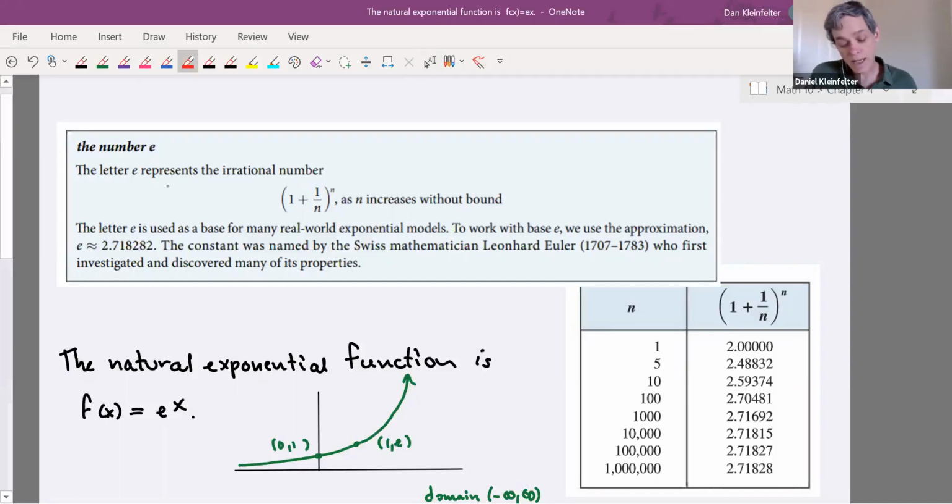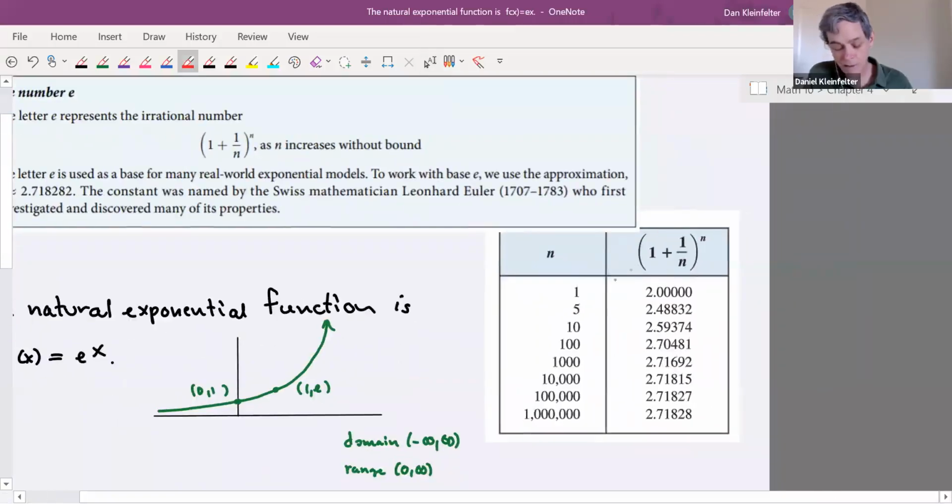So this number e is an irrational, it's actually a transcendental number, kind of like pi is. And it represents the value that 1 plus 1 over n raised to the n power gets closer and closer to as n increases without bound. And you can see that in this table, right?